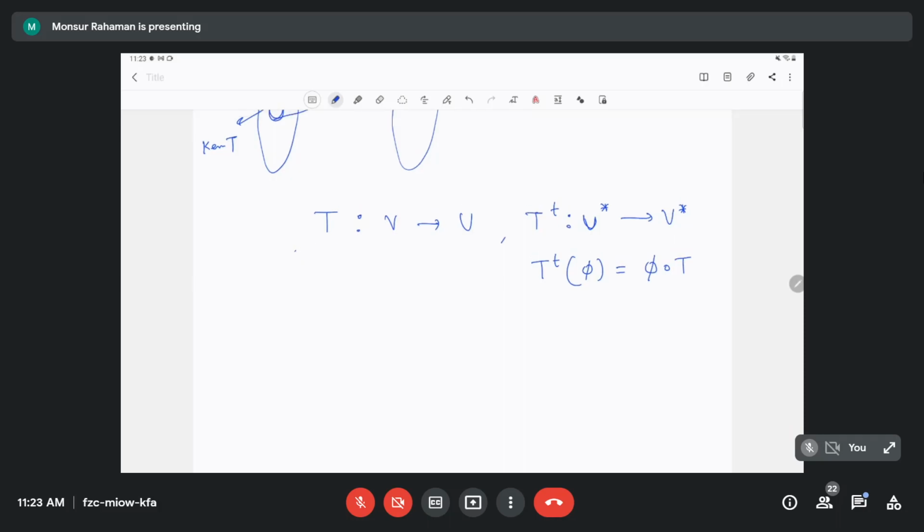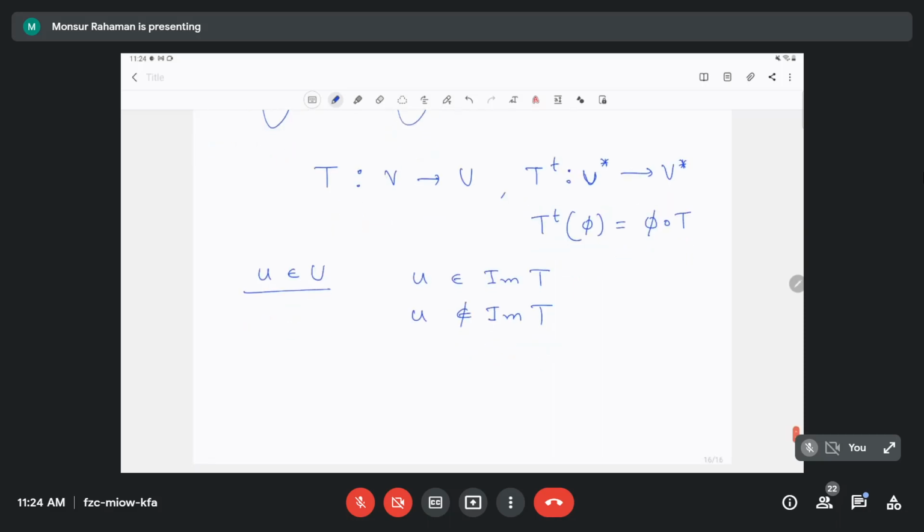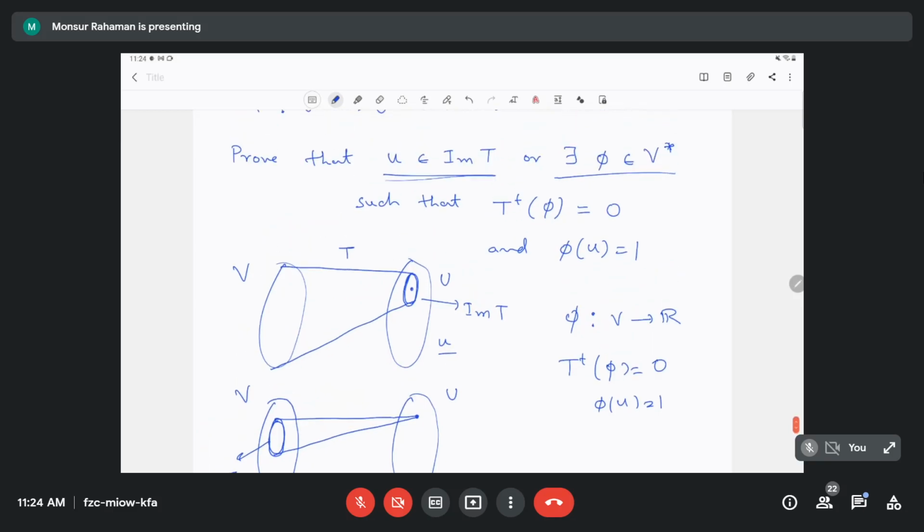So now u belongs to U. So u could be in image T or u is not in image T. These are the two possibilities for any vector. So this proof for u does not belong to image T, we have to prove this portion.